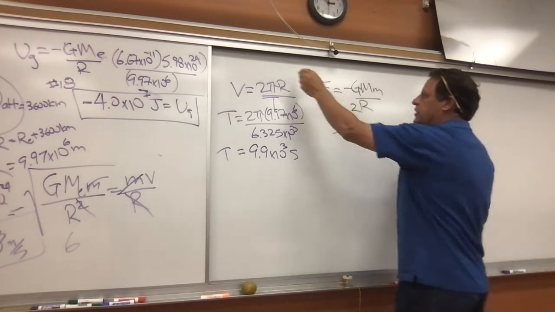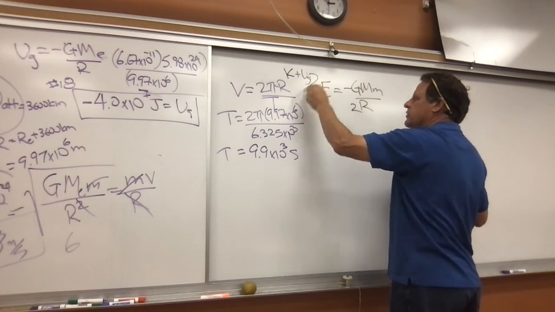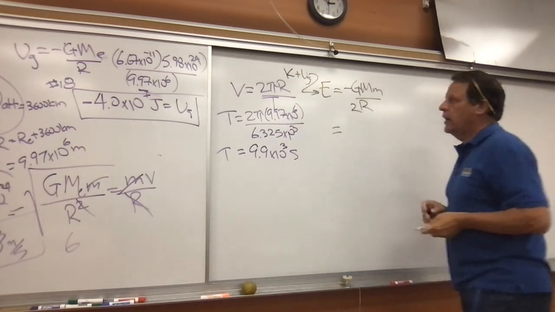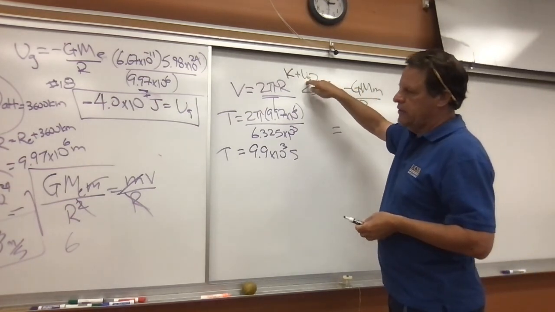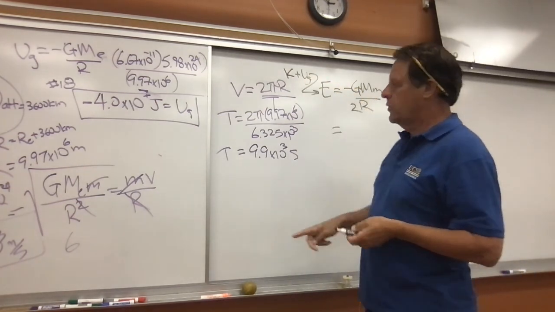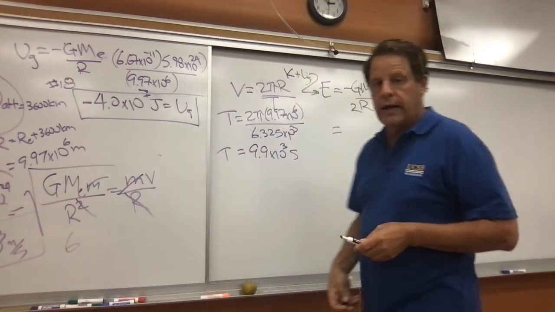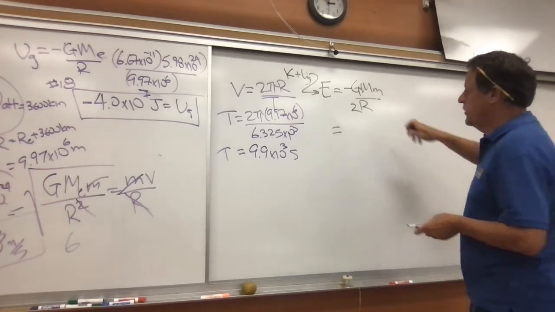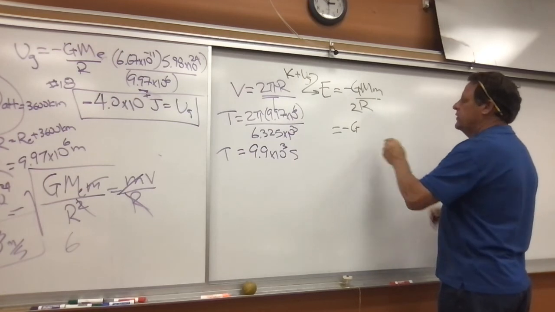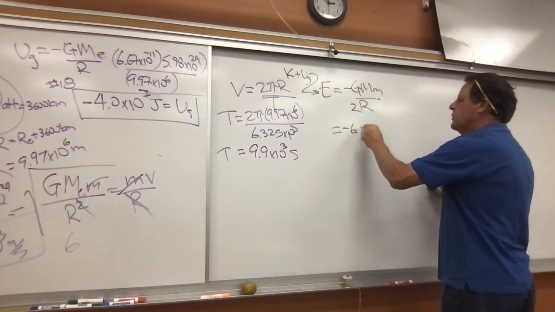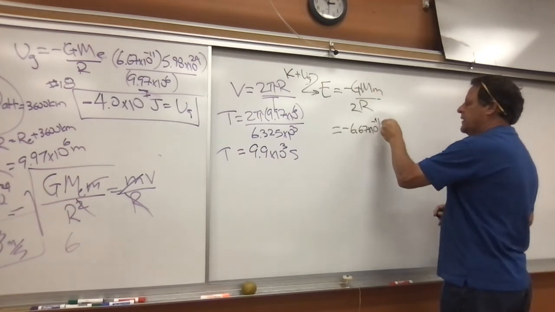But essentially, this is the kinetic energy plus the gravitational potential energy is equal to that. And the velocity in here is going to be equal to this. And then when we square it and subtract, then we're going to end up with this. So we're going to have big G, and we can put in 6.67 times 10 to the negative 11th.